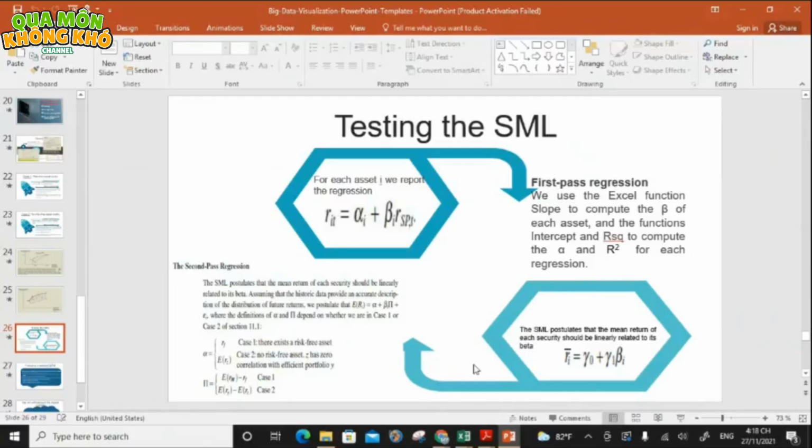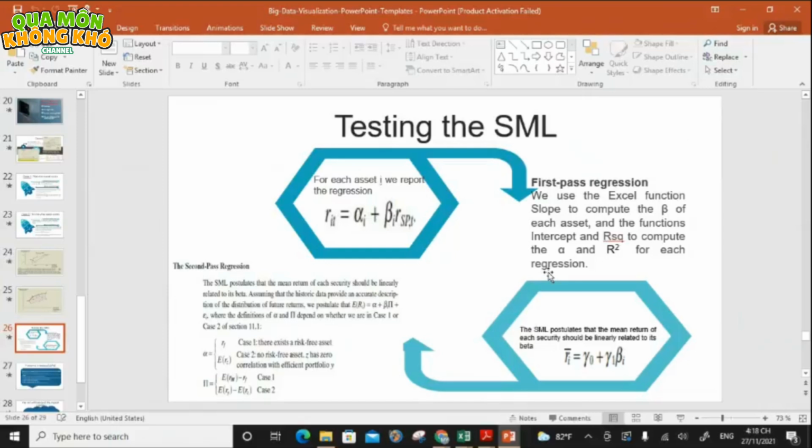So this approach is called the Fama-MacBeth approach or Fama-MacBeth method. It is used to test the CAPM theory or to test the Fama-French two-factor model, and all the models involved in asset pricing.